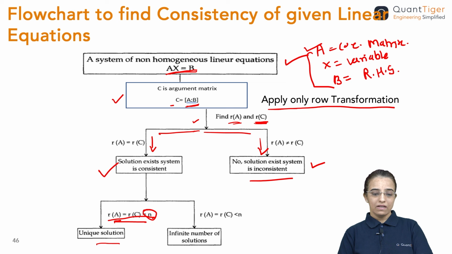If, let's say, we have three variables x, y, z in the system and the row rank of A and C comes out to be two, then in that case we can say that infinitely many solutions exist.